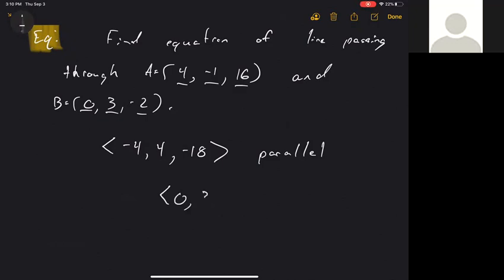So (0, 3, -2), I'm going to use that as my r sub 0. And then I'm adding t times my parallel vector, which is (-4, 4, -18). And that's going to be equal to my r, which I could also write as (x, y, z).